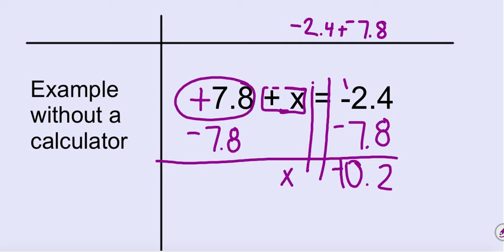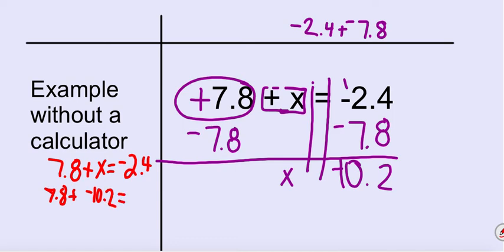I then go back and check it, just like I would all my other problems. I rewrite the equation, 7.8 plus x equals negative 2.4. I take my 7.8 and I'm going to add in my negative 10.2 and see what I get.